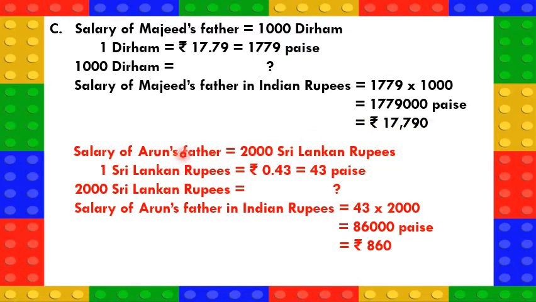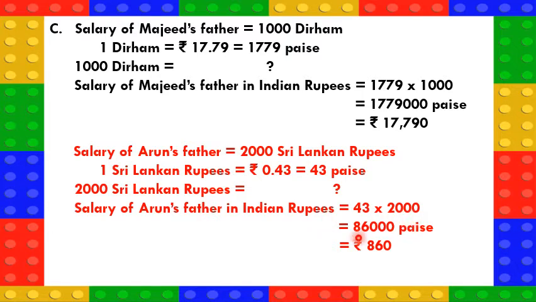Arun's father's salary is 2000 Sri Lankan rupees. Children, from the chart of Shivam Bank, we come to know that 1 Sri Lankan rupee is rupees 0.43. That is 43 paise. So 2000 Sri Lankan rupees is 43 multiplied by 2000.